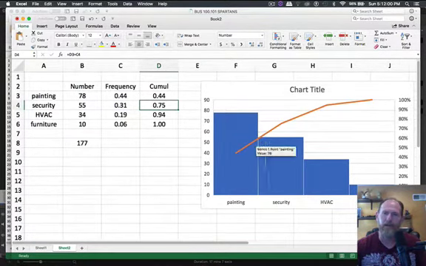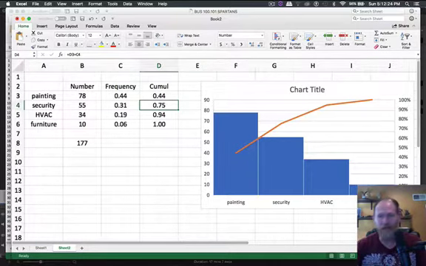So this orange line is potentially kind of confusing. It's not the bars themselves that line up with this axis, it's this line that's there. In summary, this is a cumulative percentage line. This is a cumulative percentage axis.